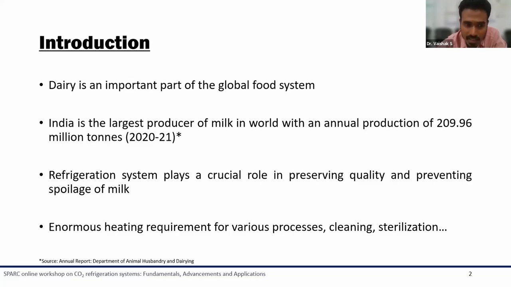In order to deliver milk to the end user at its best quality, refrigeration plays an important role in its complete supply chain. In addition to refrigeration, there is an enormous heating requirement for various processes like pasteurization, other manufacturing processes involved in processing milk, then cleaning and sterilization, etc.